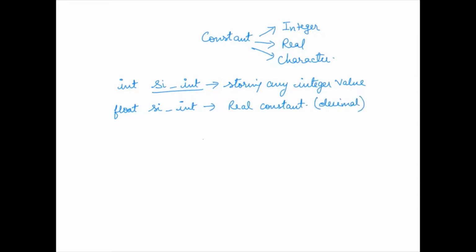And if you want to store anything which comprises characters, you have to specify char for the character, and then specify the name. Let's say if I am giving a name, now in the name variable a character will be stored.